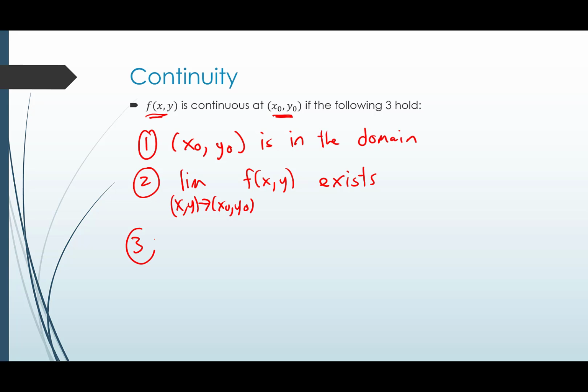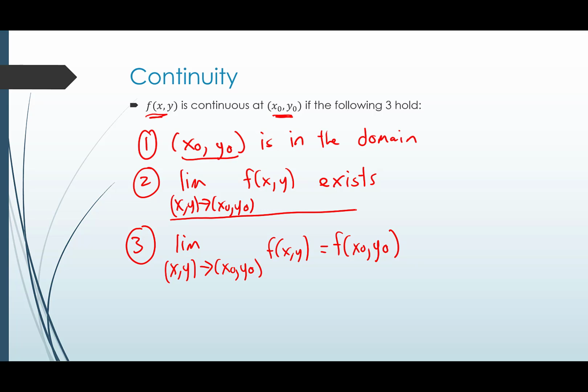And then lastly, not only do we want the limit to exist, we want the limit to be equal to the function value. So there are three conditions that need to hold for continuity. One, your point needs to be in the domain. Two, your limit needs to exist at that point. And then three, the limit exists and it's also equal to the function value.